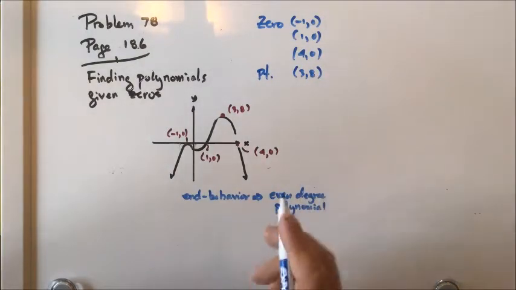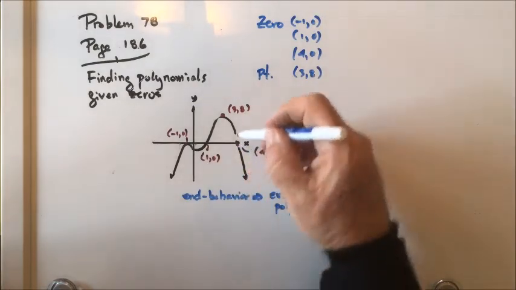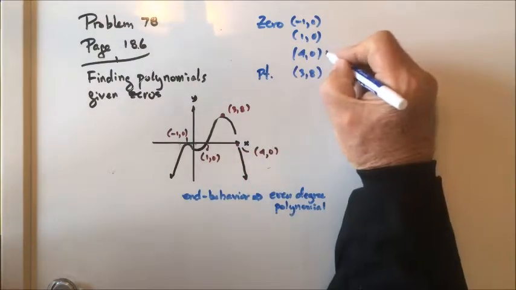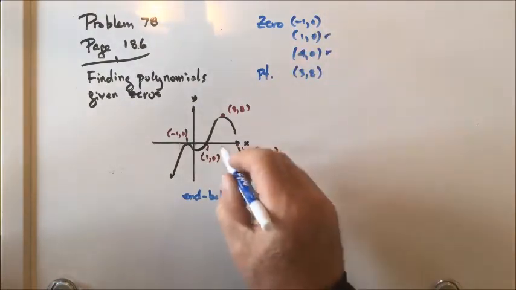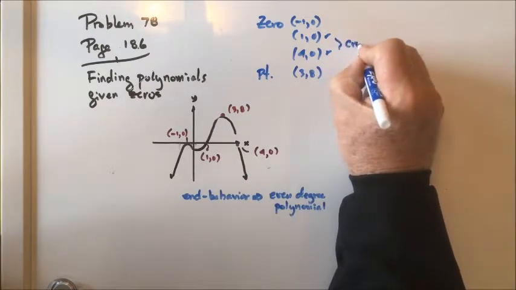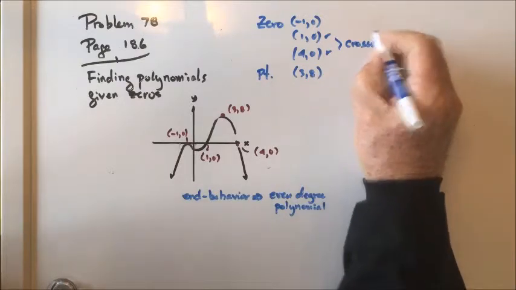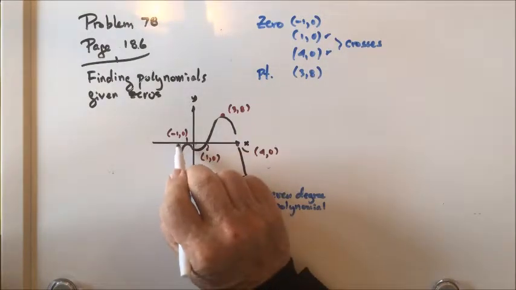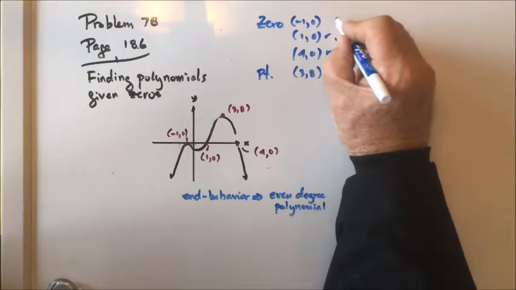As I said, there's one other feature, and that is that at these zeros, 4 and 1, the graph cuts through. It crosses the x-axis as it goes through the zero. In this case, at -1, it touches.